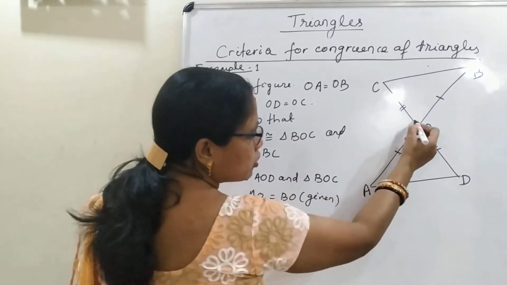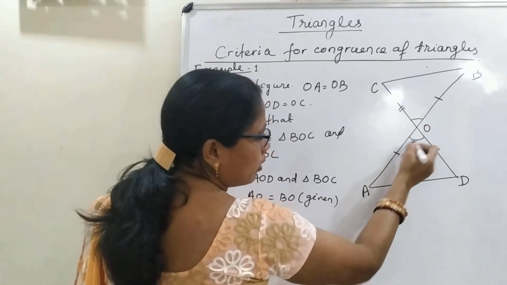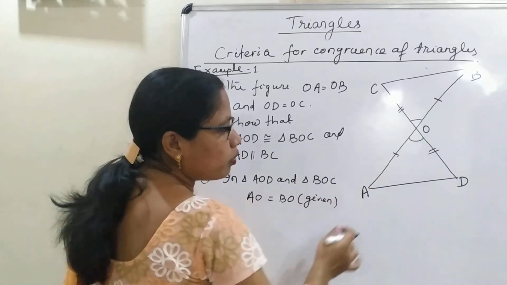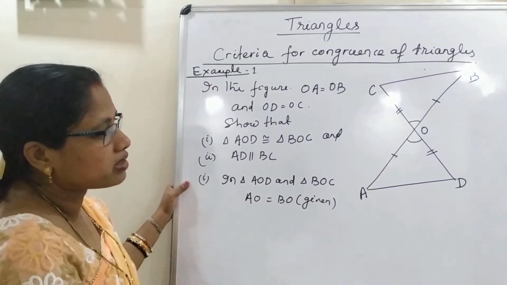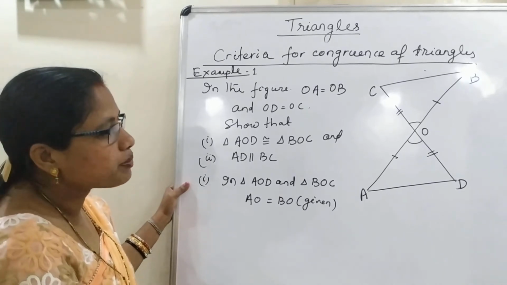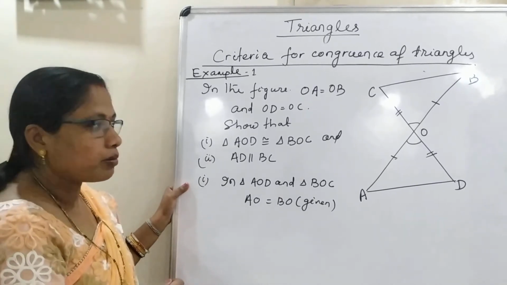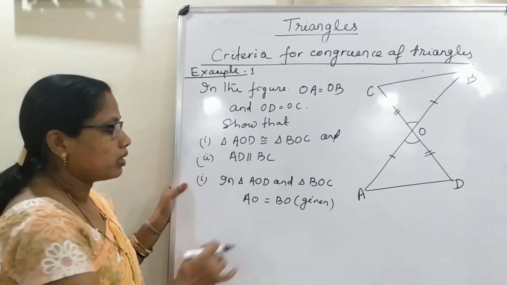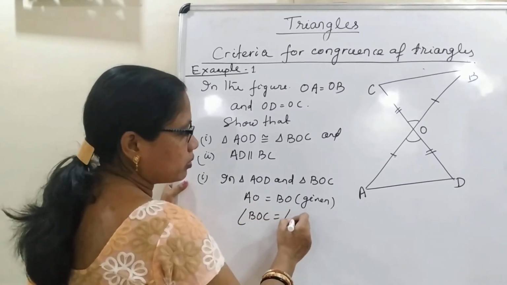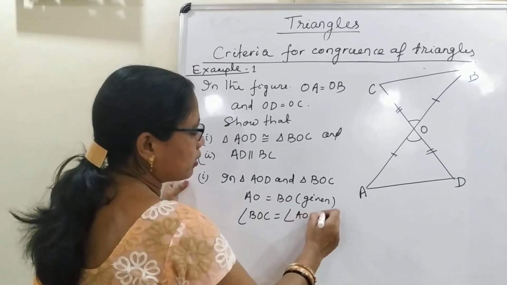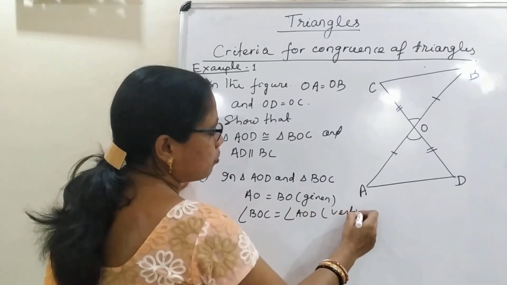Then we know these two angles are equal. Why? These are two vertically opposite angles. We know when two lines intersect each other, each pair of vertically opposite angles are equal. So angle BOC is equal to angle AOD, vertically opposite angles.